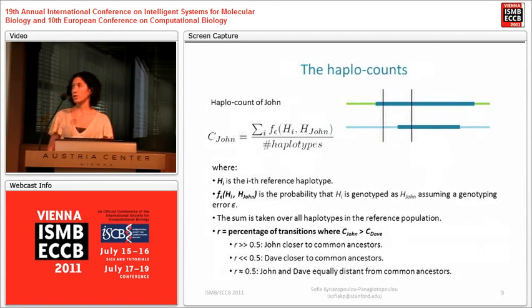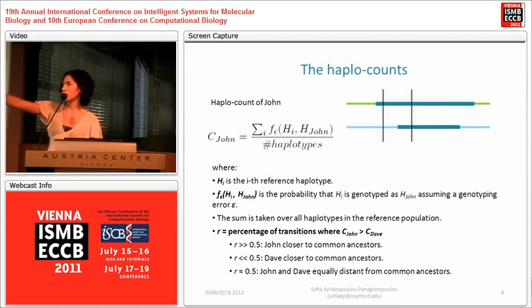To formalize this intuition, we define the haplocounts. A haplocount of an individual, say John, in a region around an IBD transition is basically just a count of how many times in the reference population we see this haplotype. To account for genotyping errors, instead of just adding 1 for each haplotype in the reference that matches the haplotype of John and 0 for every haplotype that doesn't, we instead consider the probability that a haplotype in the reference is transformed into the haplotype of John through genotyping errors.